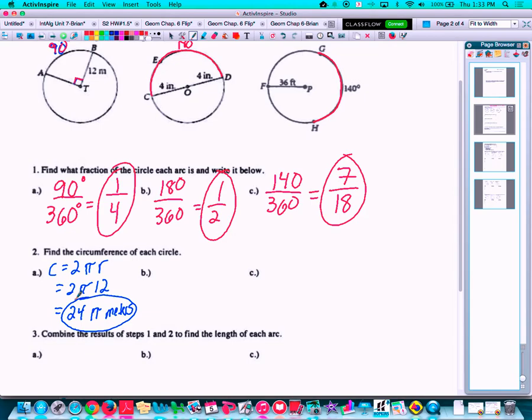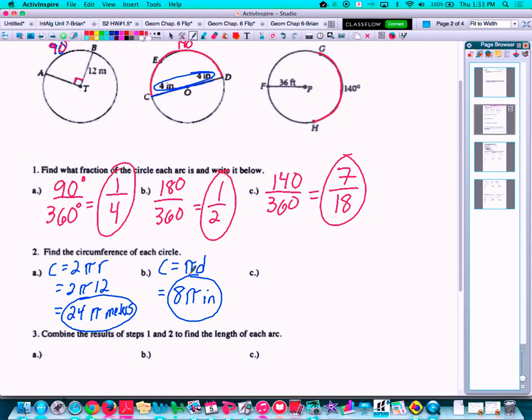The second one, we have the diameter here is 4 plus 4, which would be 8. So let's use that version of our circumference. Circumference is 2 times pi times radius, or pi times diameter, or diameter times pi. So in this case, that would come out to 8 pi, in this case, inches.